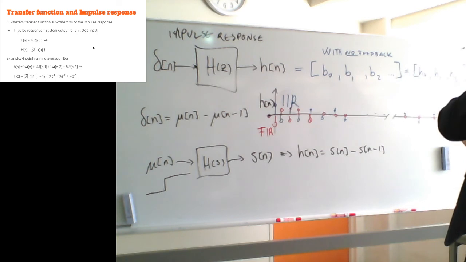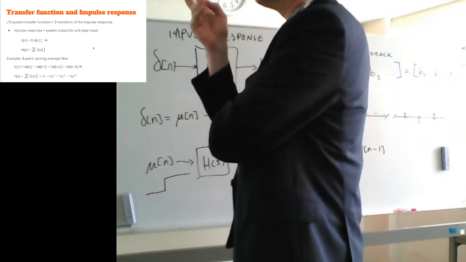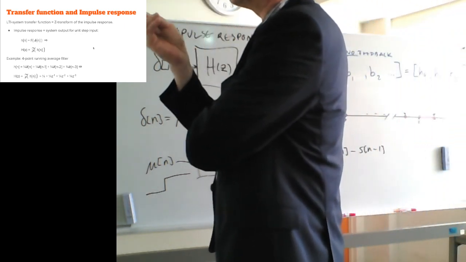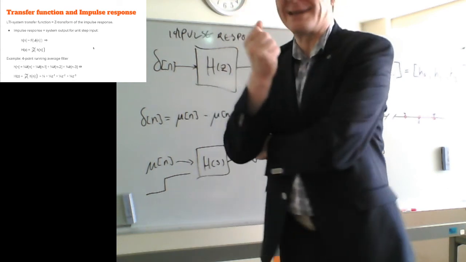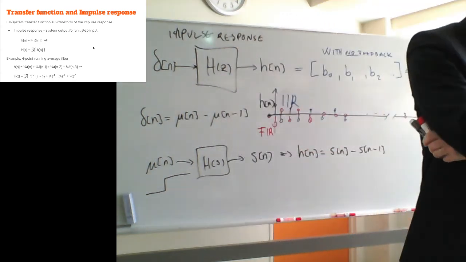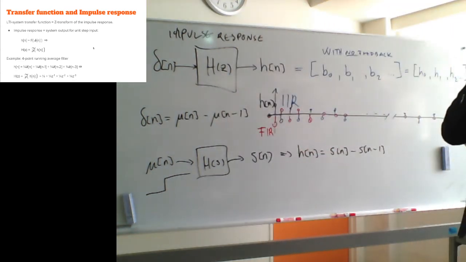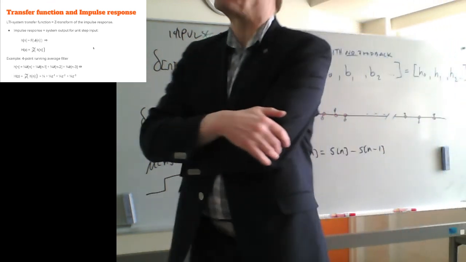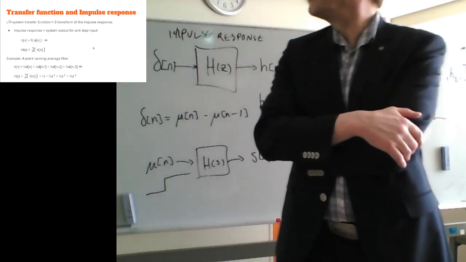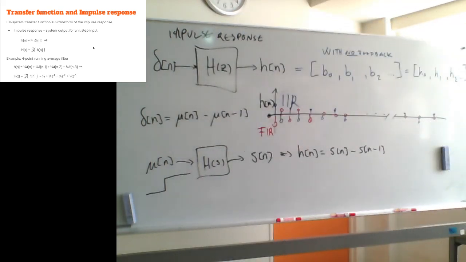Basically, the system transfer function for an LTI system, it has to be a linear time invariant system. Most digital systems are, but anyways, you basically just take the Z transform of the impulse response.